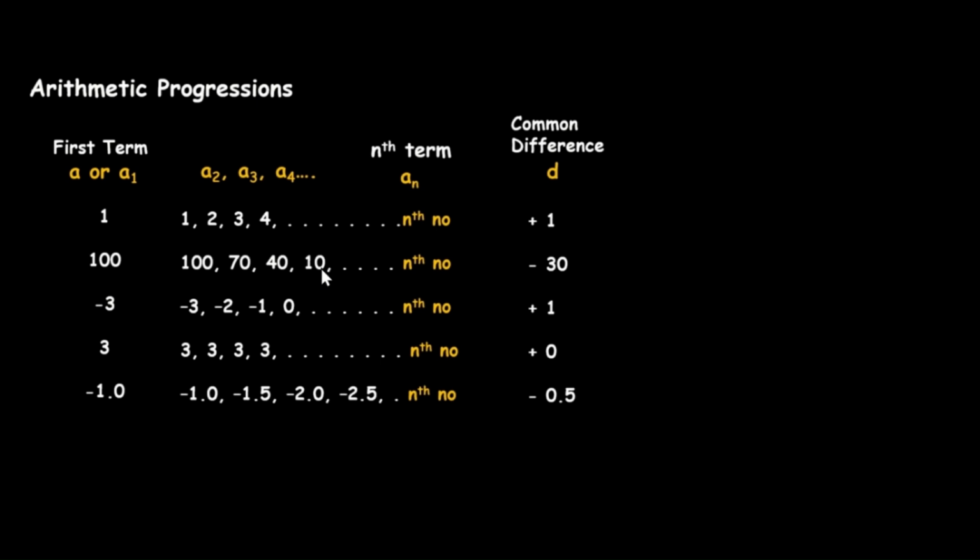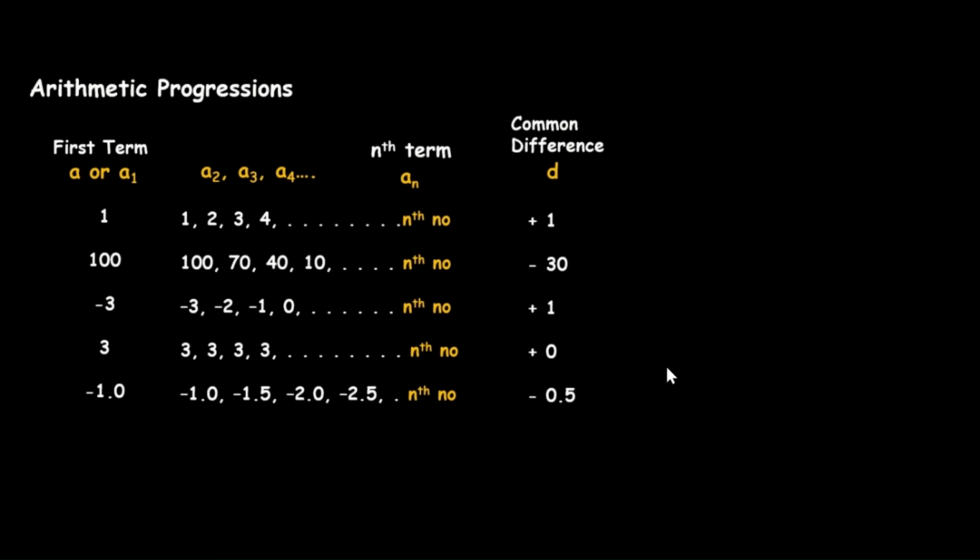So if you take 10 minus 40, it would be minus 30. 40 minus 70 is also minus 30. So between any two successive terms, the difference would be d, and these are the common differences d for the respective arithmetic progressions.